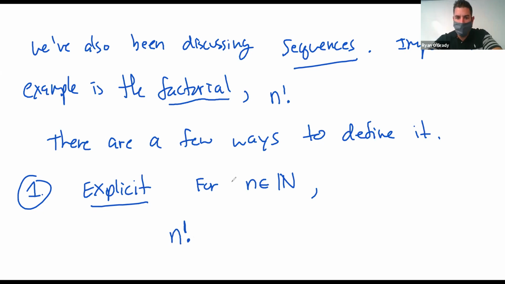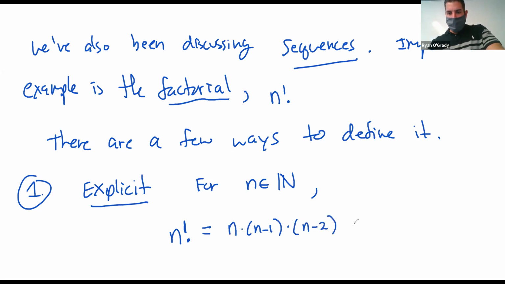It's a number, but you could think of it as a function because it's taking a number and assigning a number to it. By definition, we can define this as n times the number that precedes it times the number that precedes that, all the way down to 3 times 2 times 1. That is an explicit definition for the factorial.